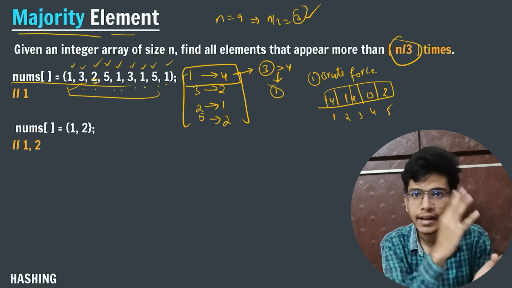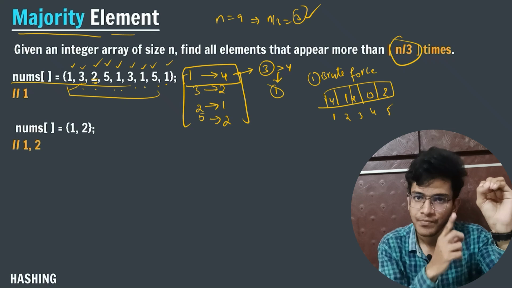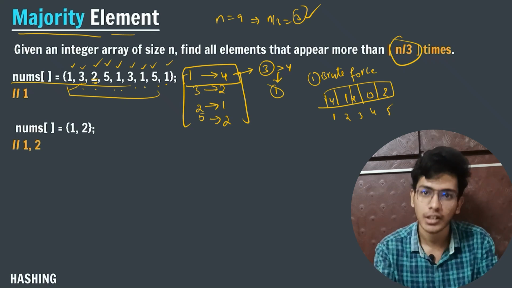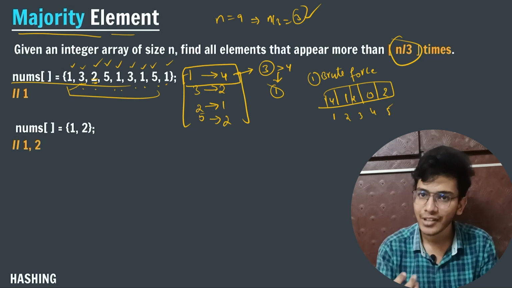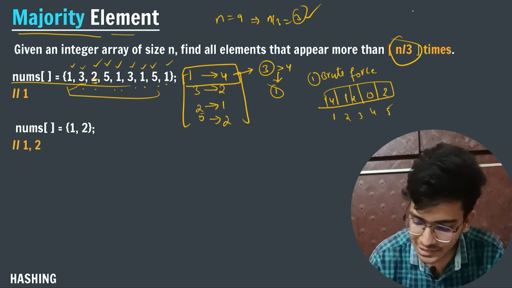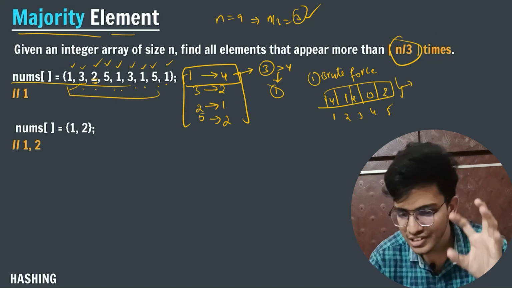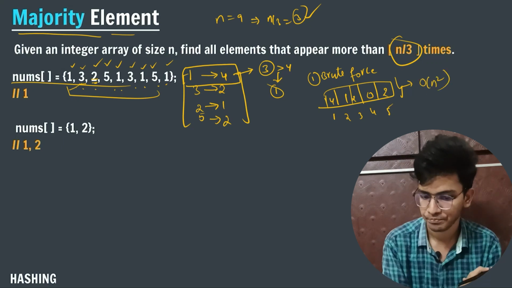After that I will run a loop and check whether the occurrence of that element is greater than n by 3 or not. If it is greater than n by 3, I will print it, else I will not print it. Generally, the time complexity of brute force will be big O of n square.